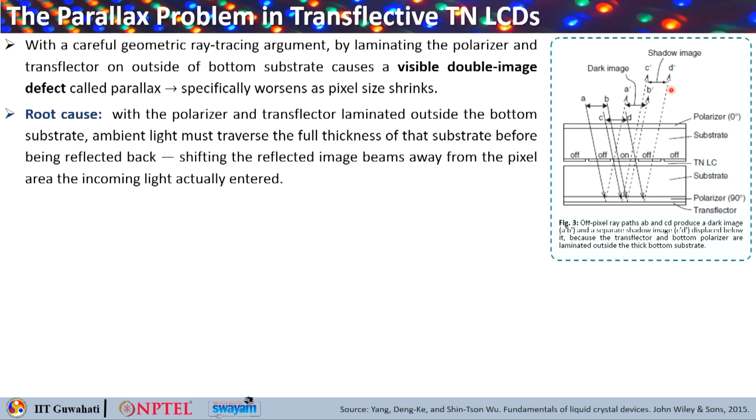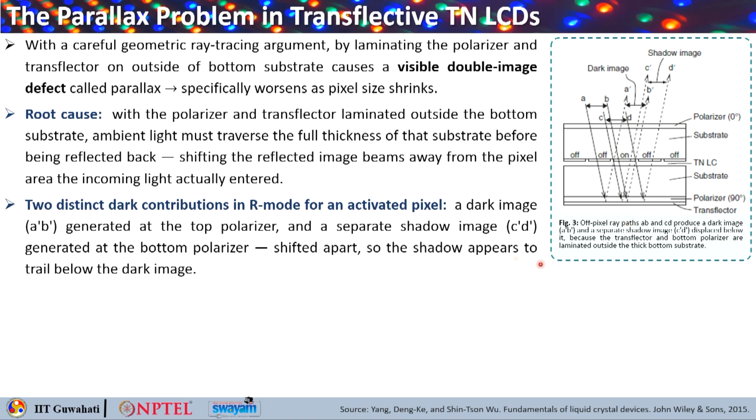The incident light must traverse the full thickness of that substrate before it is reflected back. So there is a shift that moves the reflected image beams away from the pixel area the incoming beams are entering from. So you see a parallax.